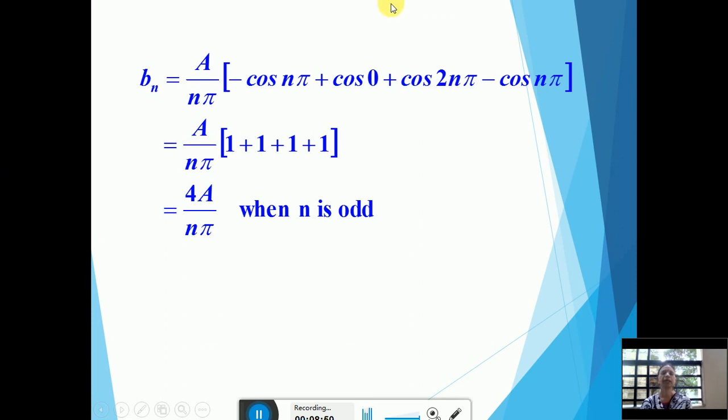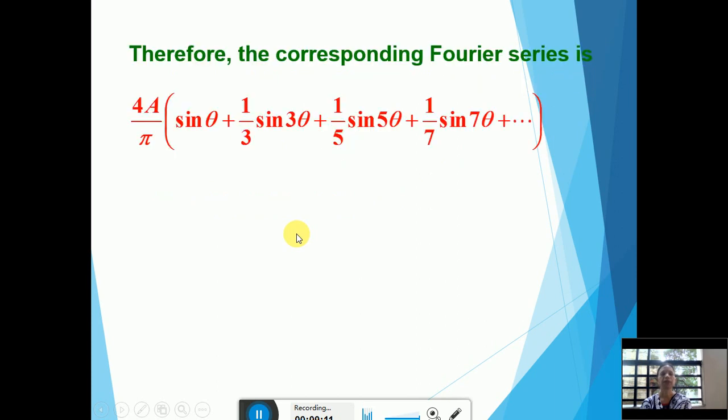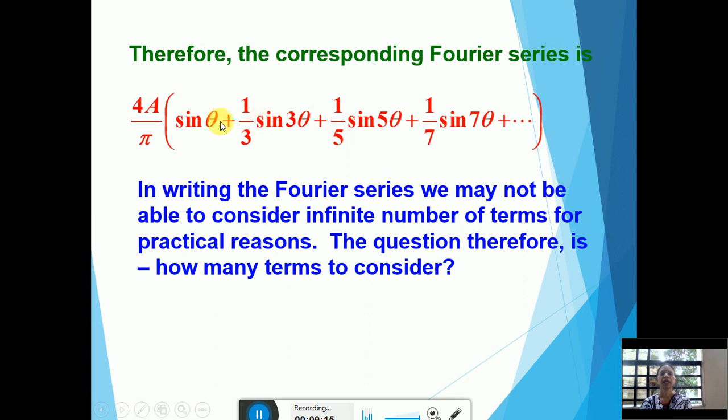What you are getting is a by n pi times minus cos n pi plus cos 0 plus cos 2n pi minus cos n pi. This is 1, this is 1, this is 1. So this is 4a by n pi when n is odd. What happens when n is even? When n is even, cos n pi is 1, so it is minus 1, plus 1, plus 1, minus 1, so it is 0. Therefore the corresponding Fourier series is 4a by pi times sin theta plus sin 3 theta by 3, and so on.